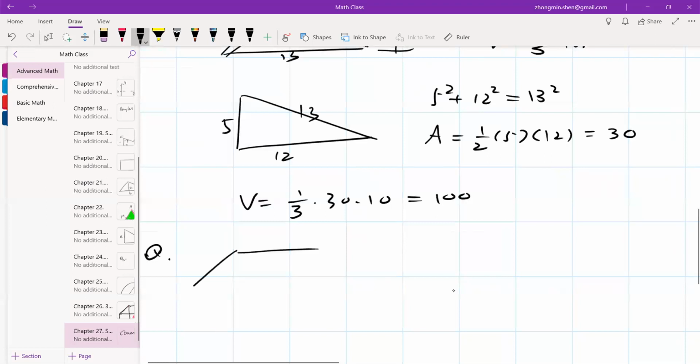Okay, so this is a cube. A cube means all the sides are equal.